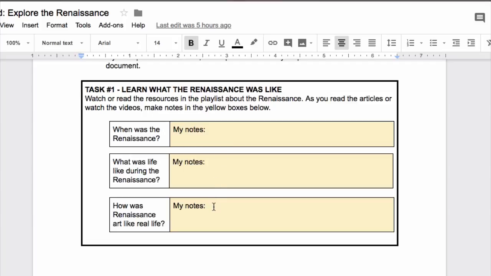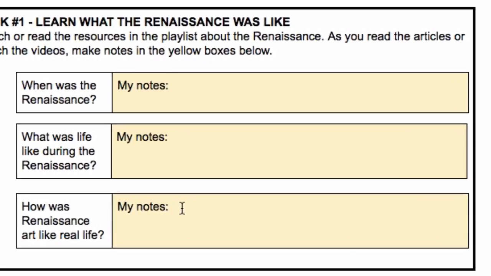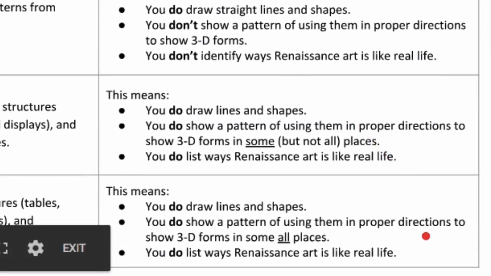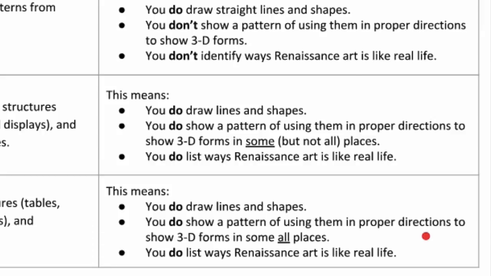And one of the things you'll need to list on the note paper is how art from the past was sort of like real life. And you'll be looking at artwork from a certain time in the past called the Renaissance. So if you do all of those things, then you'll probably get a 3 for your score for this skill.